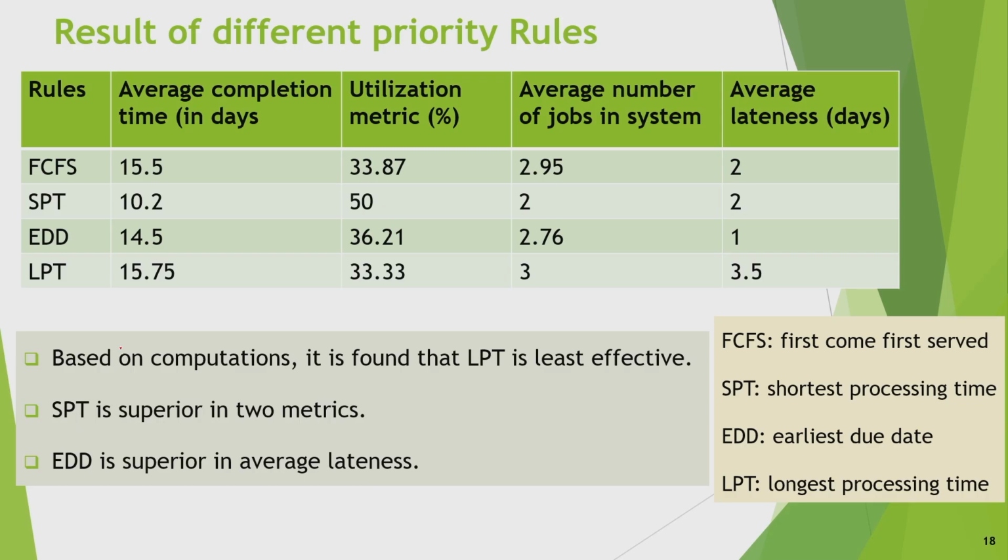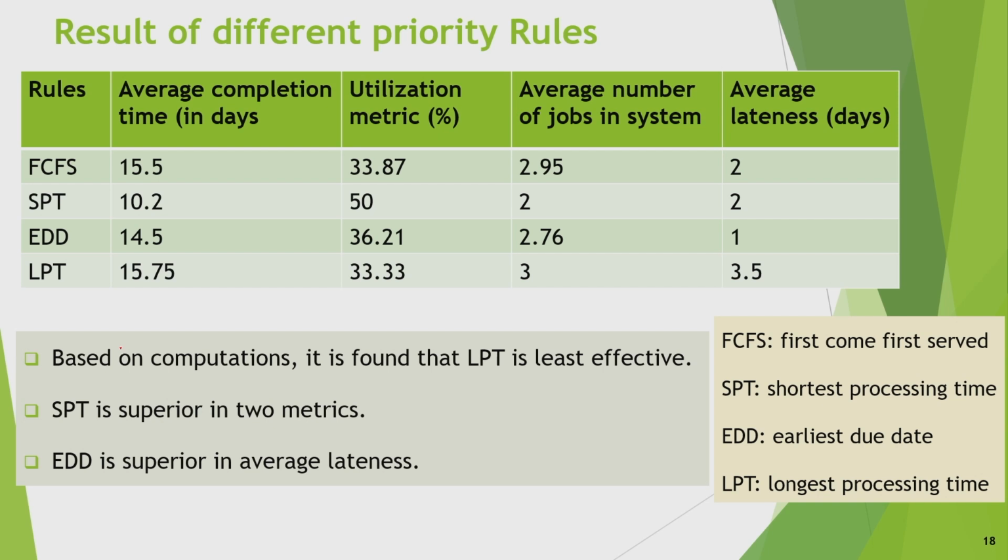We see the shortest processing time method has given me the least average completion time. So, this is somewhat better, the completion time got minimized, but the utilization metric was also better. 50% of the time your shop is properly utilized.